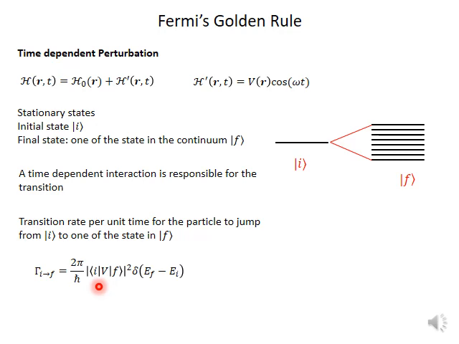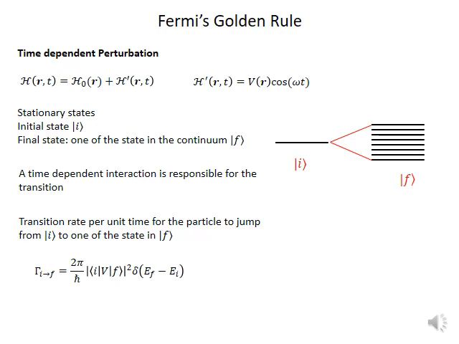This is given by 2 pi by h bar, times the square of a matrix element, the matrix element between the initial state and one of the final states by the potential V, multiplied by a delta function, which is basically a resonance condition, where the delta function is between the energy of the final state and the energy of the initial state. So the transition rate would be maximum when the initial and final states have exactly the same energy, and that's a kind of resonance condition.